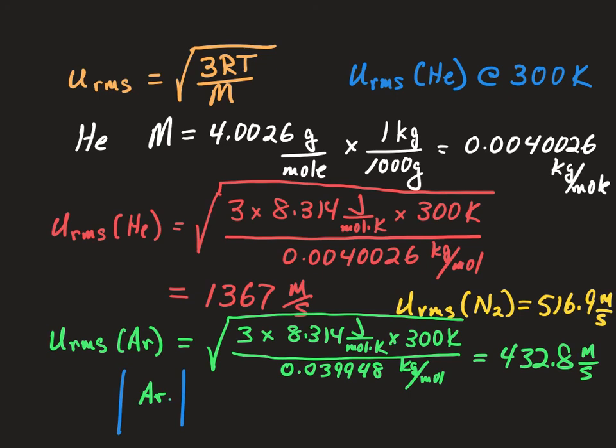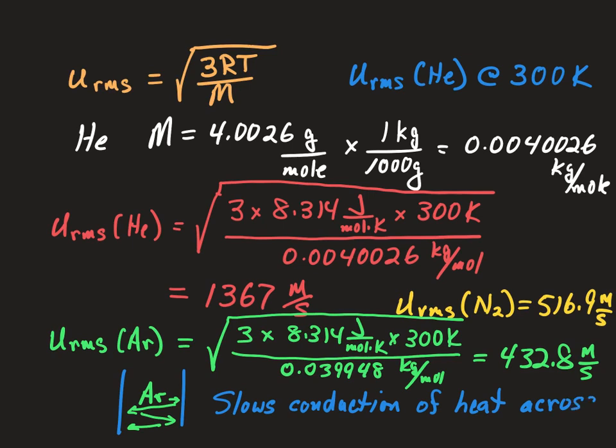Argon moving the slowest has the fewest collisions with the glass, and so it slows the conduction of heat across the gap between the glass.